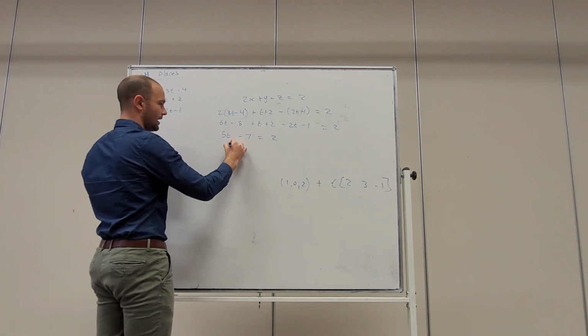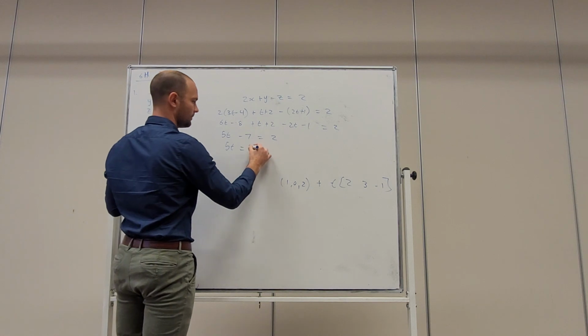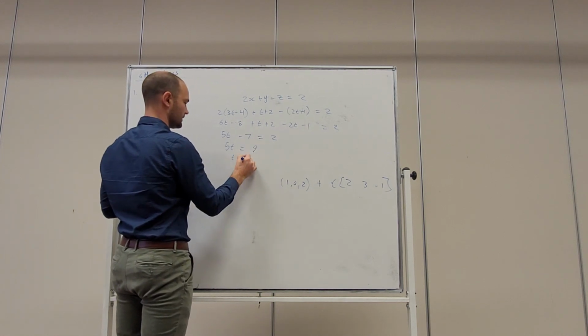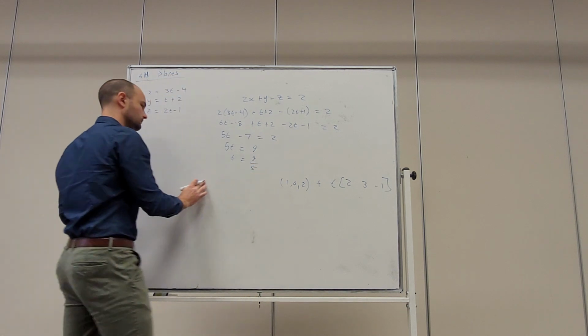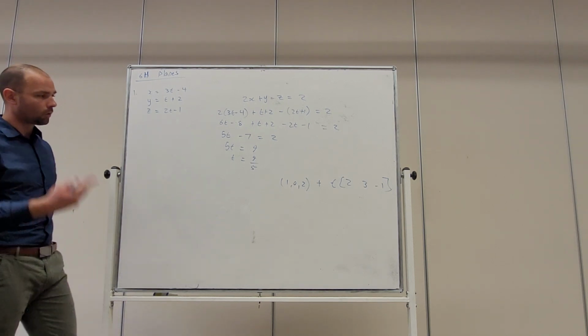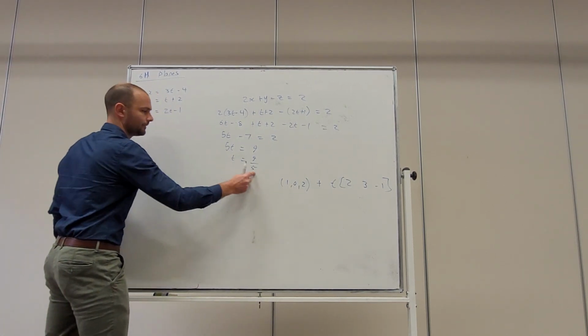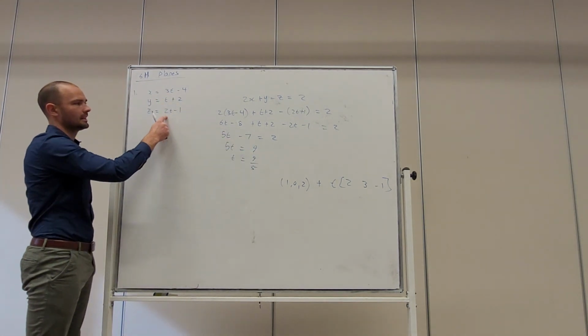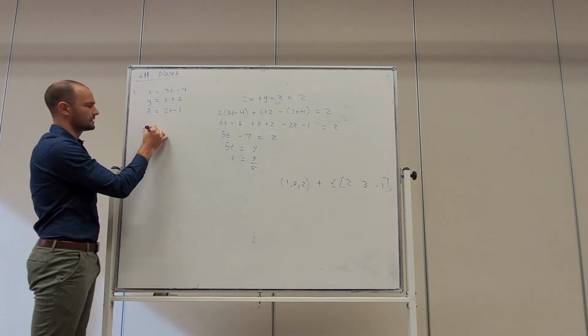And then we'll go 5t equals 2 plus 7, that's 9. 5t equals 9, t is 9 on 5. Okay, so that's the value of t that makes it true. So then we just go, all right, what are the coordinates when t is 9 on 5? We just put the t component in here to find x, y, and z.